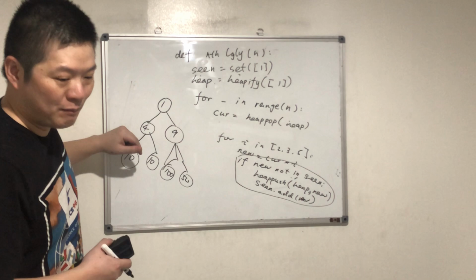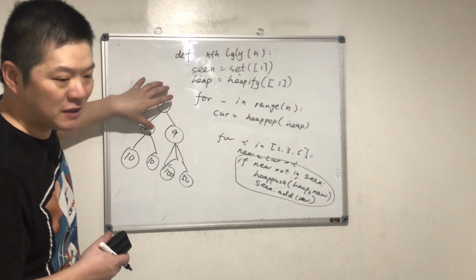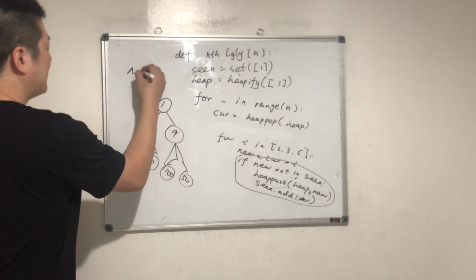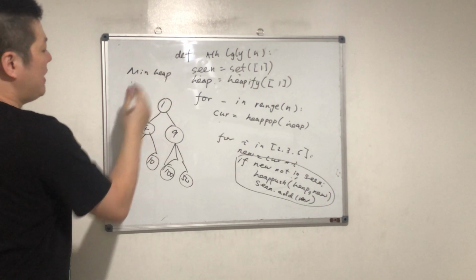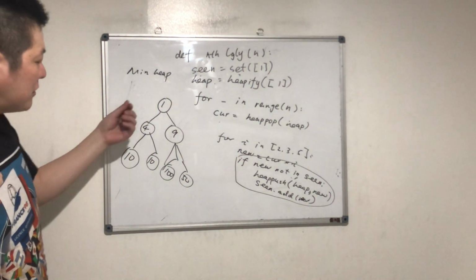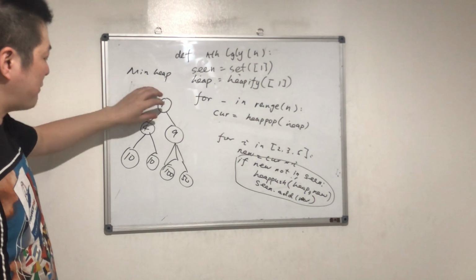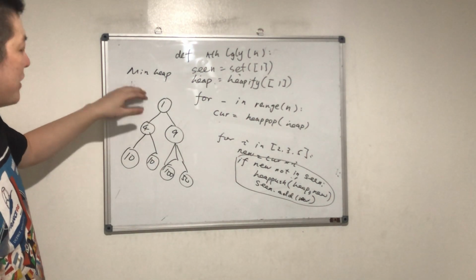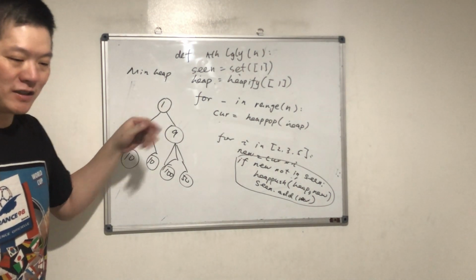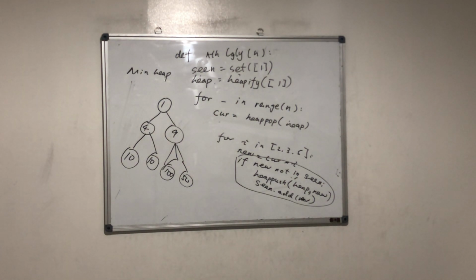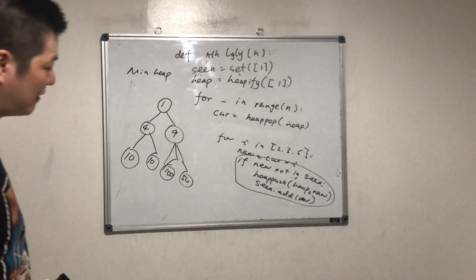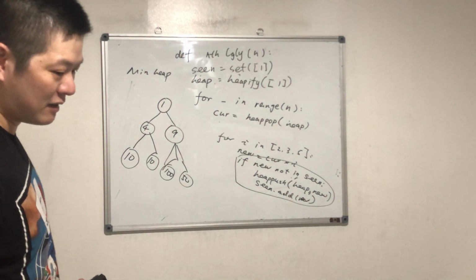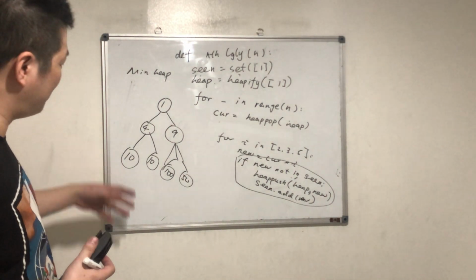By default, it's the minimum, called a min heap. So I want to take one element from the top, and I know it's always the smallest or the biggest, right? Does it make sense?